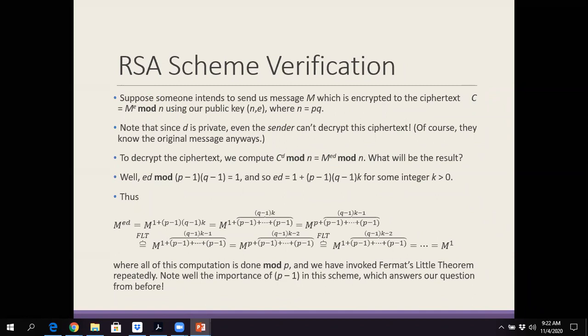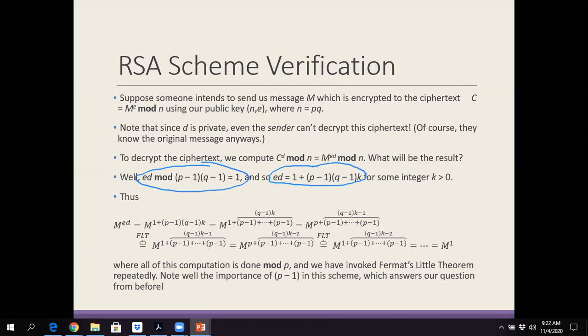You guys realize that E times D is basically 1, modulo P minus 1 times Q minus 1, correct? Well, what does that mean? That means that ED is equal to 1 plus some multiple of P minus 1 times Q minus 1, correct? E times D is equal to 1 more than a multiple of this stuff, right?